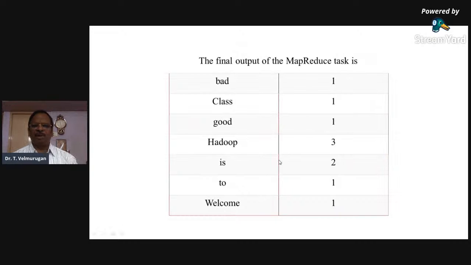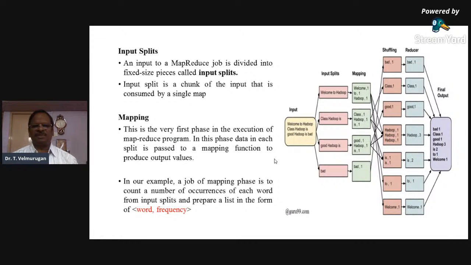Bad appears one time; all this information is produced as the output of the reduce task. So these are the inputs and how this information is processed. Already I have discussed enough about the input splits, how mapping is carried out, and how effectively a word and the frequency of a particular word is identified and counted. For example, the word welcome has a frequency of 1, and so on.